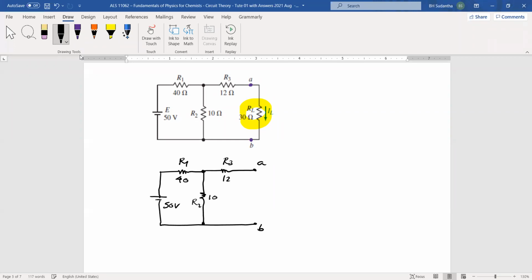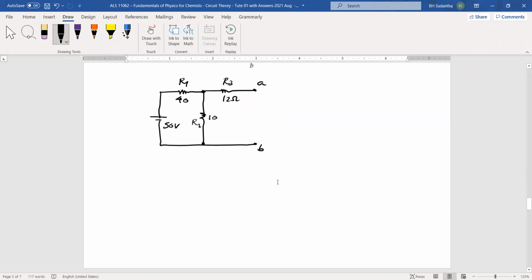This is 12 ohm. Okay. Now we are going to find the Thevenin equivalent circuit for this part of the circuit. Then you have to find RTH. To find RTH, what we have to do, we have to short circuit this voltage source, and redraw the circuit. Okay.